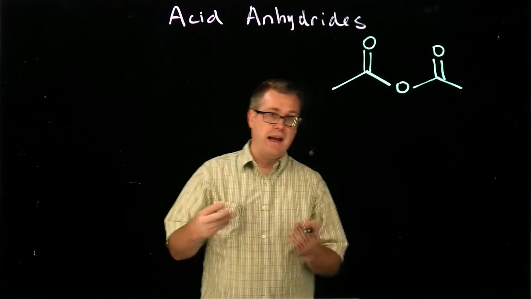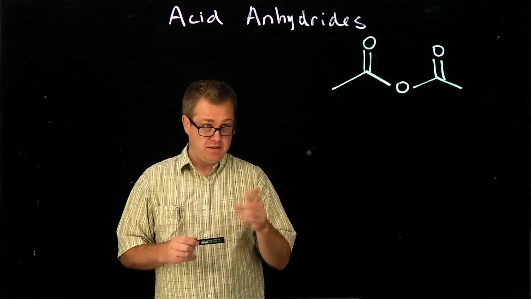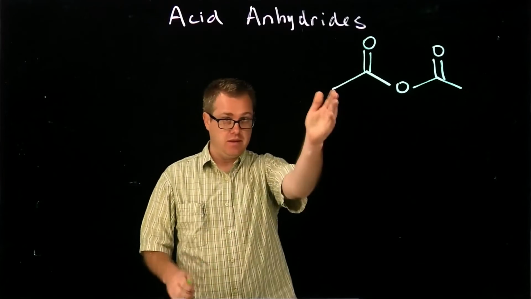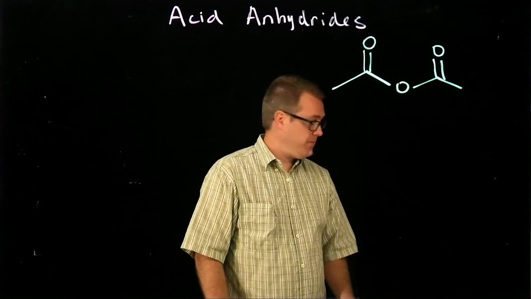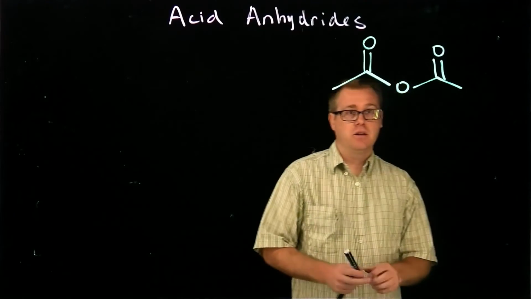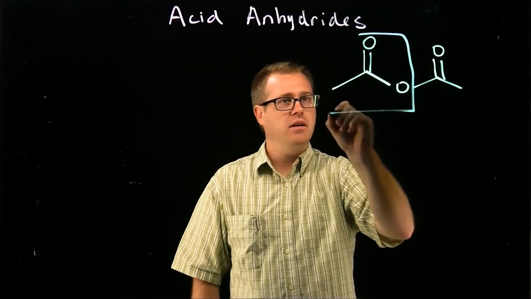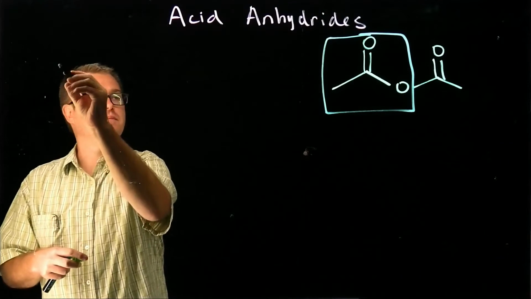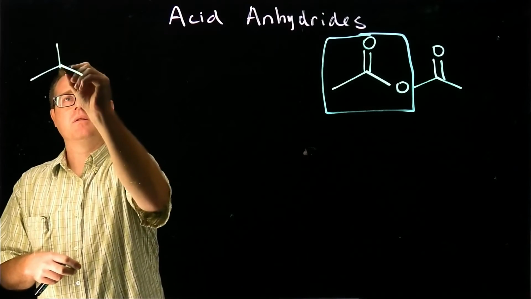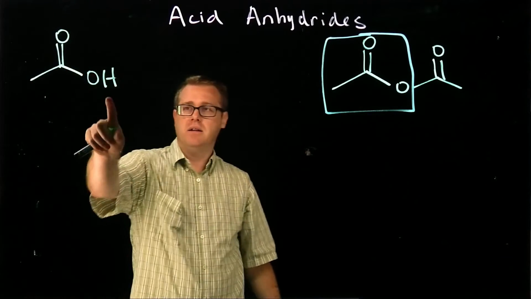So we need to go back to the carboxylic acid that it is a derivative of, so we can name it. So what I look at is I'm like, okay, I'm going to take that piece right there and draw it. And tack on the hydrogen.